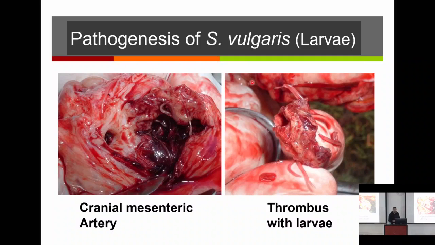So these are the lesions you will see in the case of L3 and L4 stage larvae infection for the Strongylus vulgaris. Okay, so what is going to happen in the case of the adult worm?